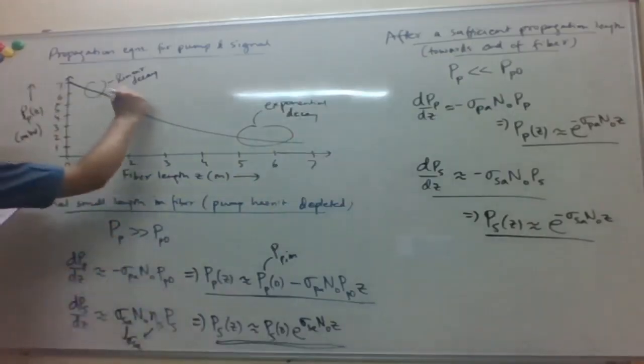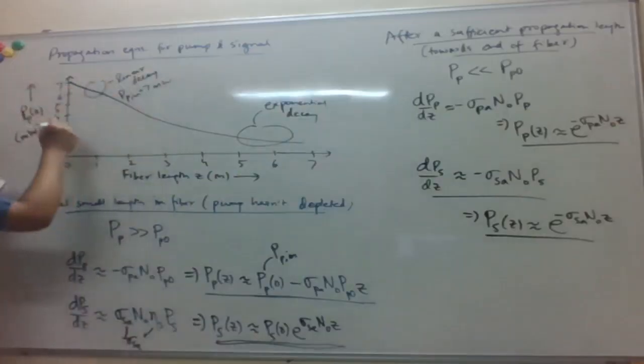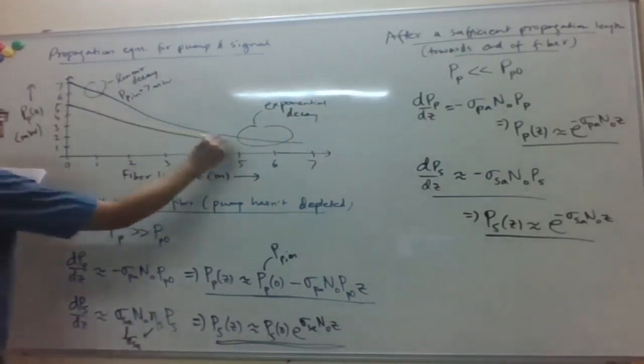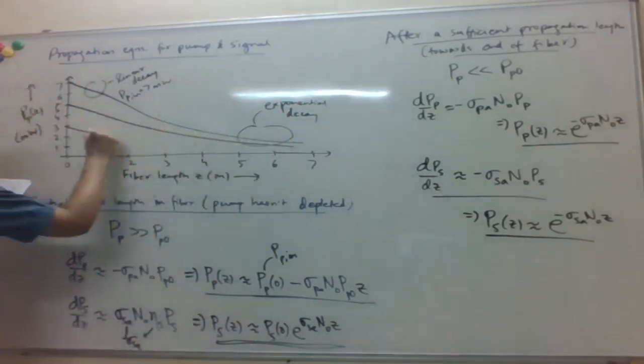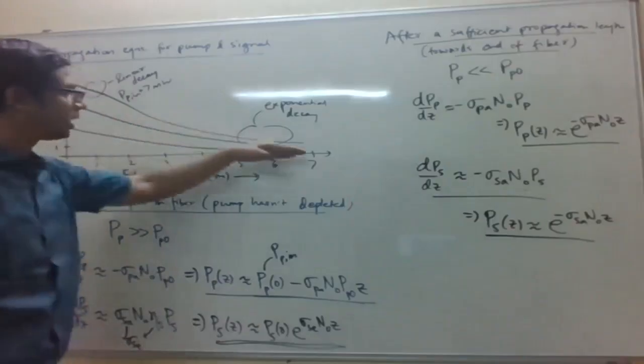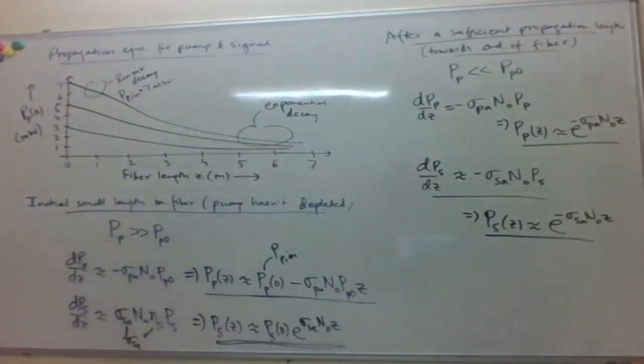This is for an input of 7 milliwatt, so we start from 7. The behavior looks similar for different input pump powers. You just start from the power level that you inject, but the behavior is the same. Initially it decays linearly, and then there's an exponential decay towards the longer length.